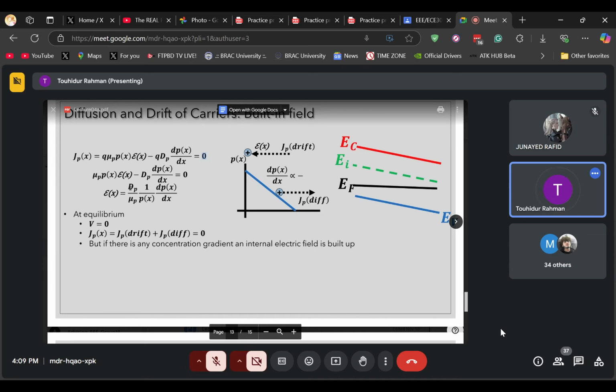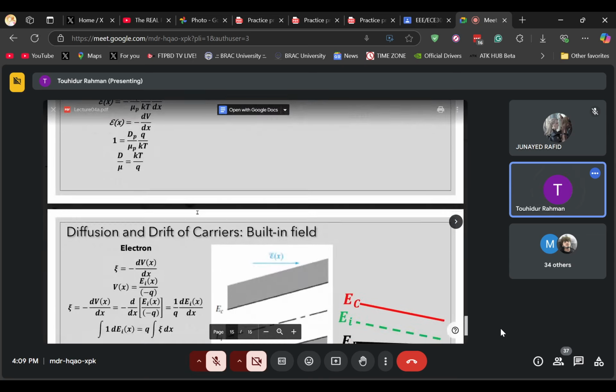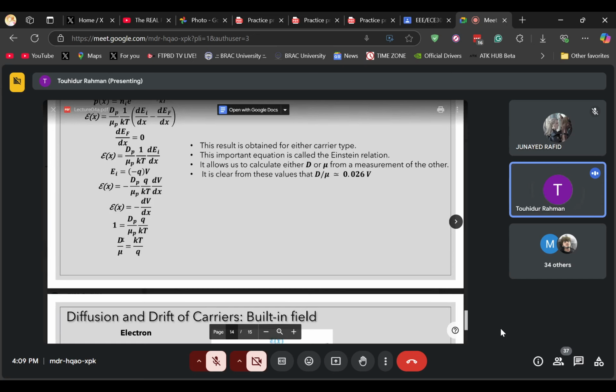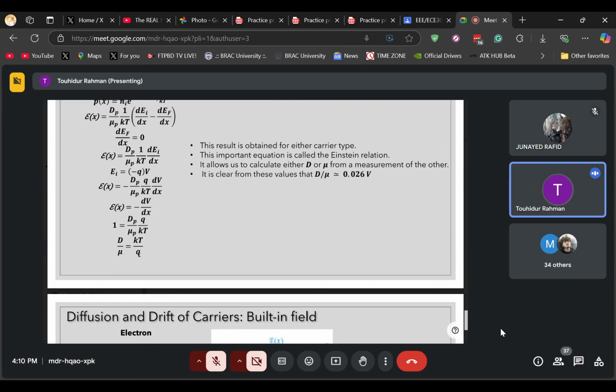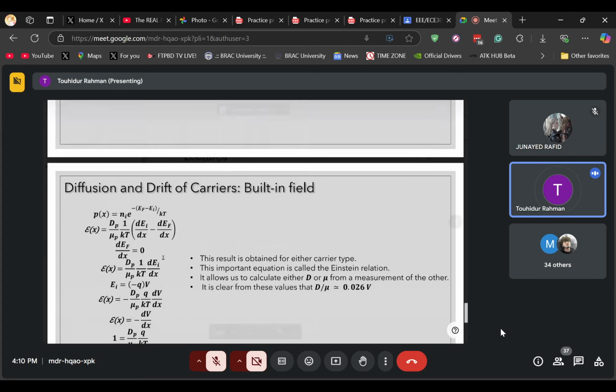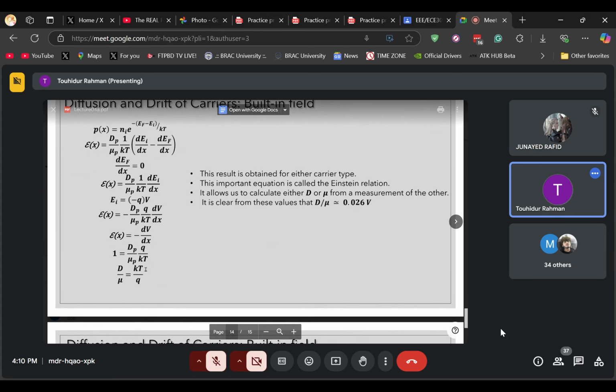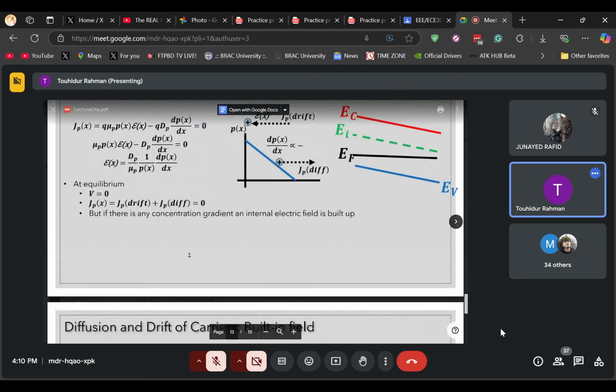Why do we need to divide by mu p? We have this equation derived later: D by mu is equal to kT by q. Here k is a universal constant, q is a universal constant, T is room temperature, everything on the right hand side is constant. So we want to make everything constant, so that we don't have to deal with the variables, which is a headache.